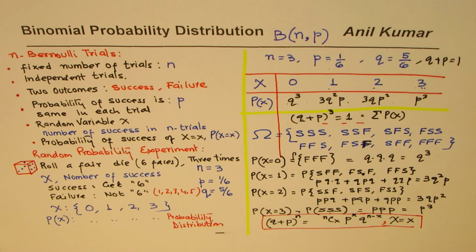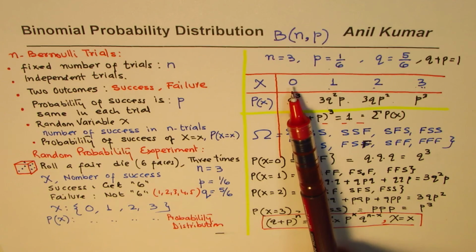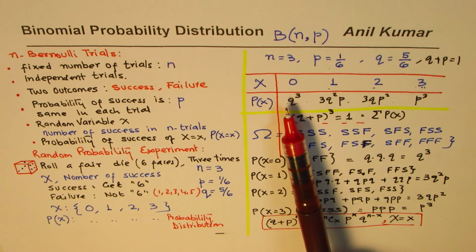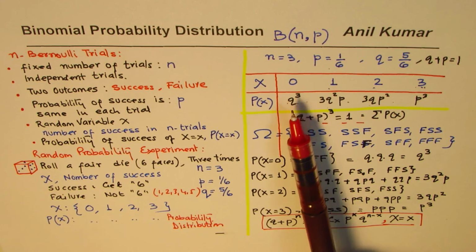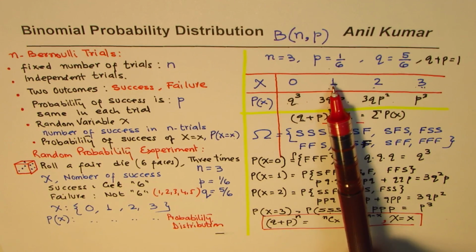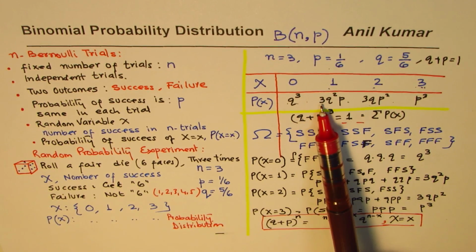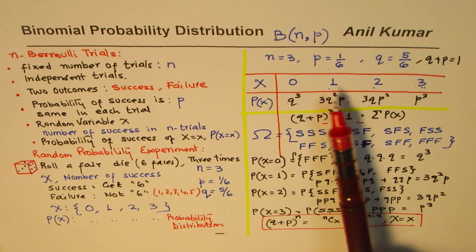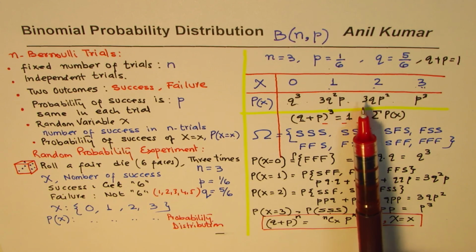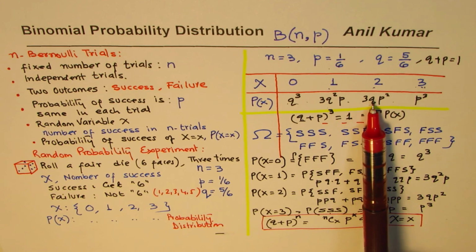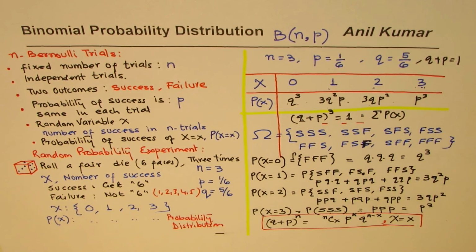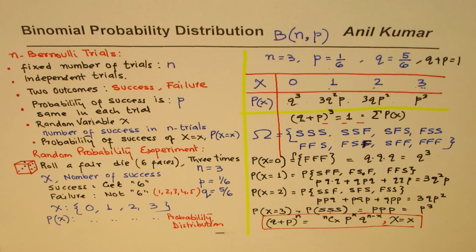And then we concluded that the probability for 0 successes is 3C0, p to the power of 0, q to the power of 3, where n is 3. The probability for x equals 1 is 3C1, q to the power of 2, p to the power of 1. For 2, it is 3C2, q to the power of 1, p to the power of 2. And this is 3C3 as the coefficient, which is 1. So that is what we conclude in this video.